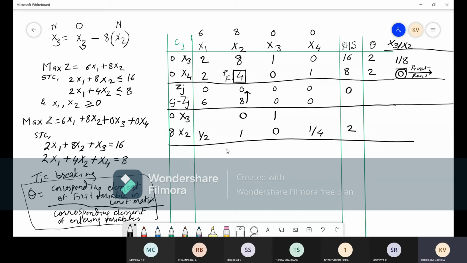This is the formula we need to follow for finding this. So we'll get the value. Here we can also check: multiply this 0 by 8, so it will be 0. 1 minus 0 is 1.